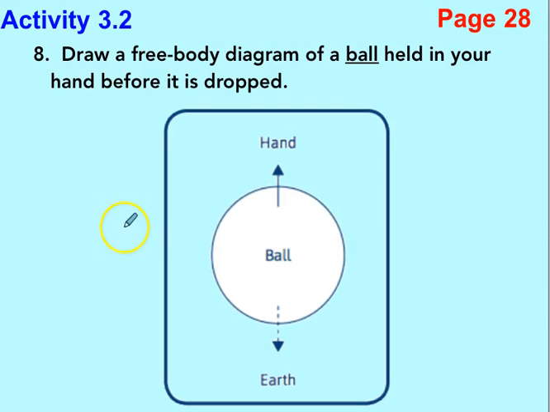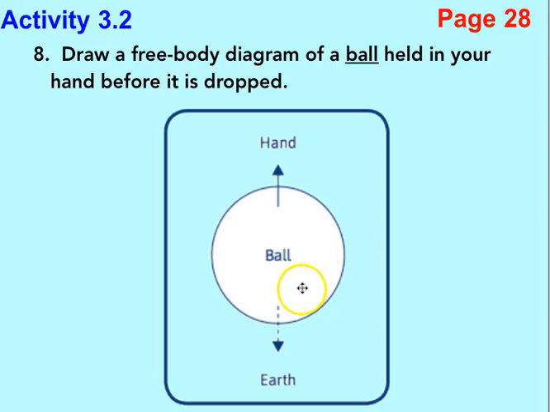In fact, here's the answer key. Now, you might be saying, Mr. Rattoon, you didn't draw the other forces. What about the hand touching the ball, and the ball pulling up on the earth? Well, we don't want those in this. This is a free body diagram. Those forces do not affect its motion. The fact that the ball is pulling up on the earth does not affect its motion.